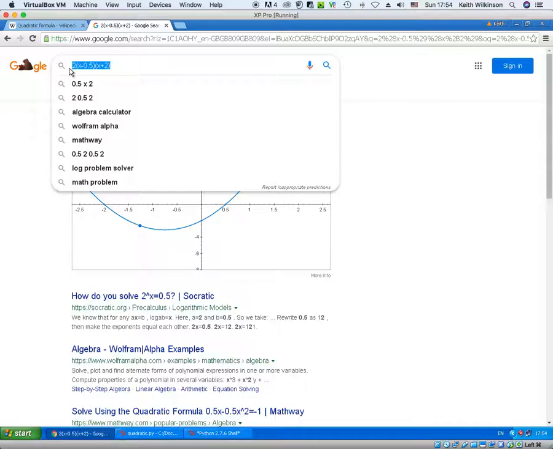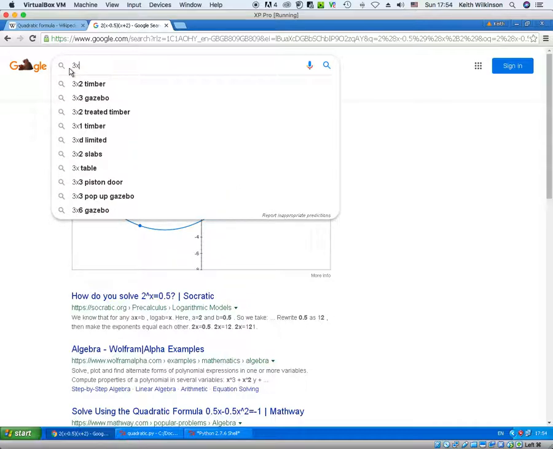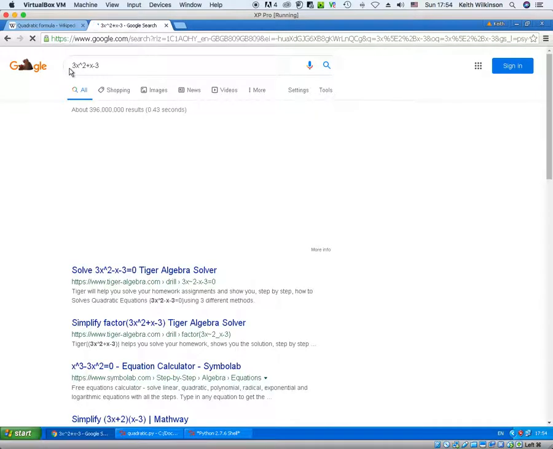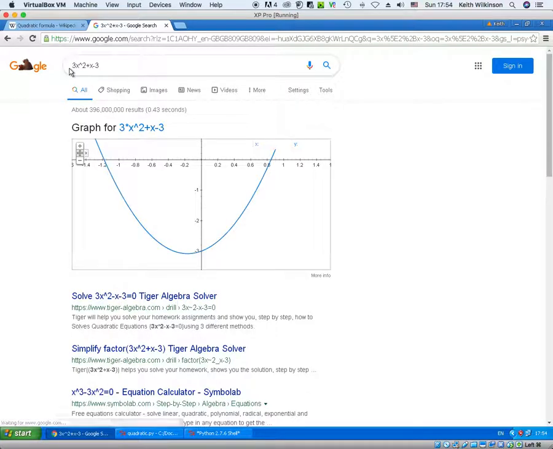Let's try 3x squared, let's just do plus x, and let's just do minus 3. And what do we get? Right, it's just around about minus 1.2, minus 1.18, and just over 0.8, 0.84.